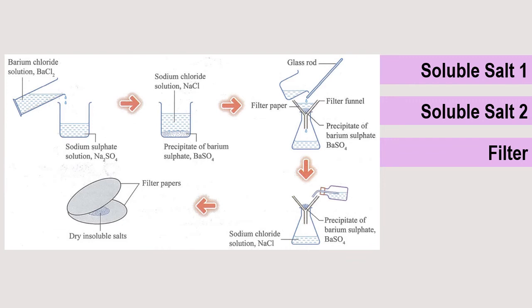Okay, after that, okay, the insoluble salt akan terhasil di sini as precipitate. Kita perlu rinse with distilled water so that kita dapat precipitate yang lebih pure. Okay, selepas tu just dry the precipitate between filter papers. Okay, so dia agak senang lah preparation of insoluble salt.